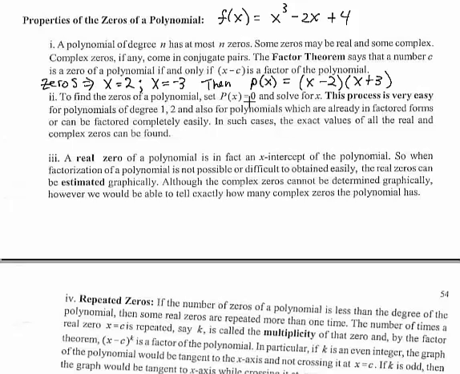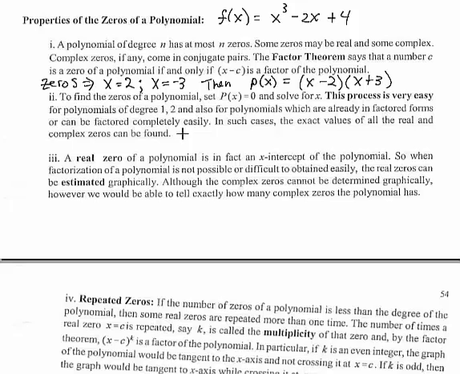Property 2, to find the zeros, we set the polynomial equal to 0 and solve for x. We have talked about solving linear equations that way, and in the previous section quadratic equations. And then if it's already factored for us, then yeah, that's easy too. We just take each individual factor and set it equal to 0.